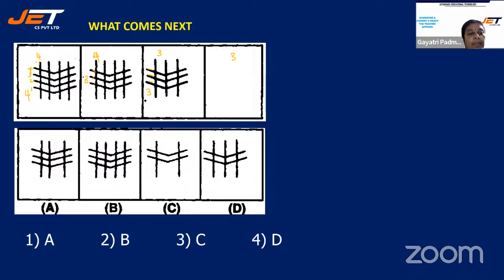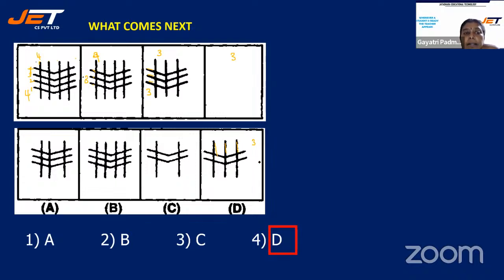But let's see where else our answers are coming, right? So it cannot be A, right? It cannot be B because B says 4 and 3. It cannot be C because C says 2 and 2. And it could be D because your standing lines, that is your vertical lines, are 3.